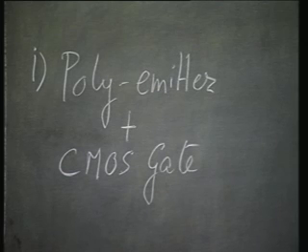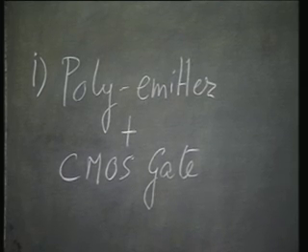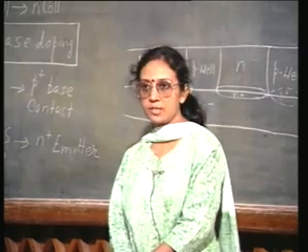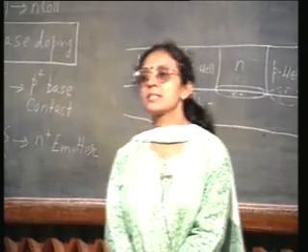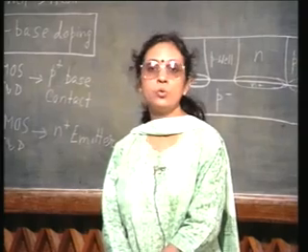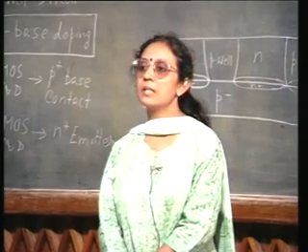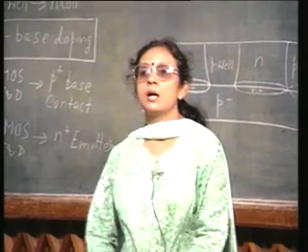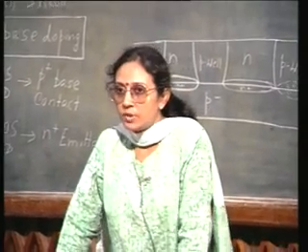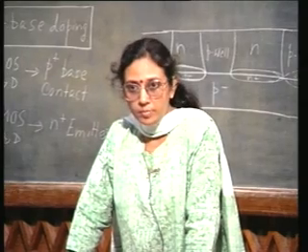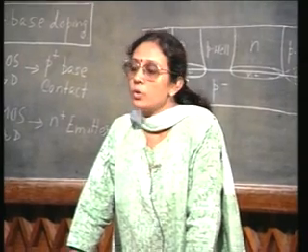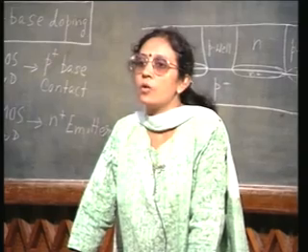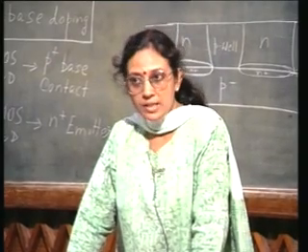Okay. Next you see, for high performance CMOS transistors we must have silicided gate. Polysilicon gate will not do because of its larger sheet resistance, because the RC time delay product will become large, right? So, we must cut down the resistance of the gate as well as the interconnections.